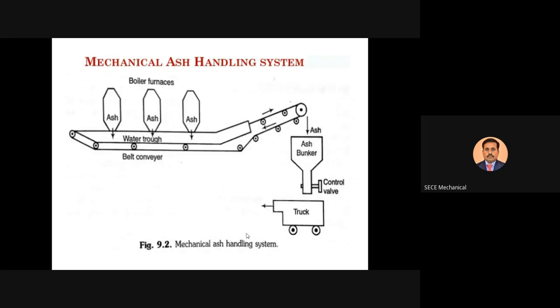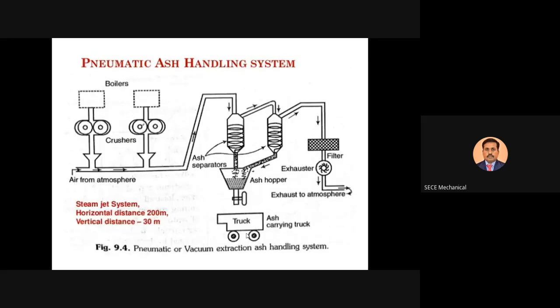So in the previous case, both solid particles and dust particles go to the ash bunker. But here the solid particles come from the ash separator, and the dust particles go to the atmosphere with the help of the filtration process. So this is the basic difference between the mechanical ash handling system and the pneumatic ash handling system.